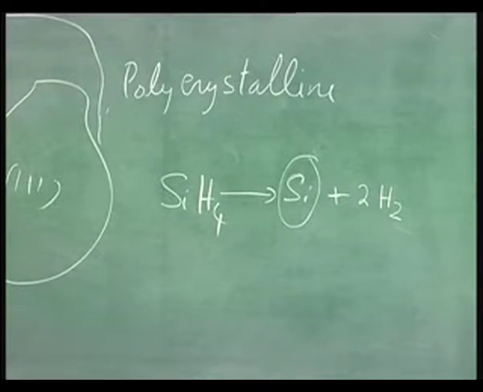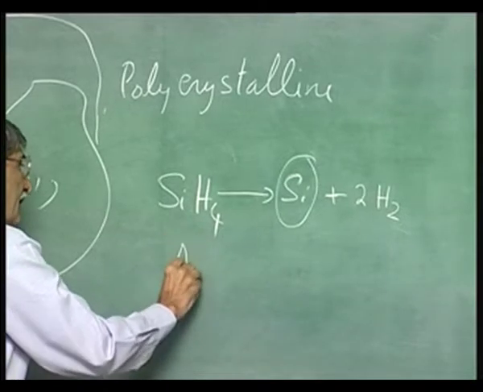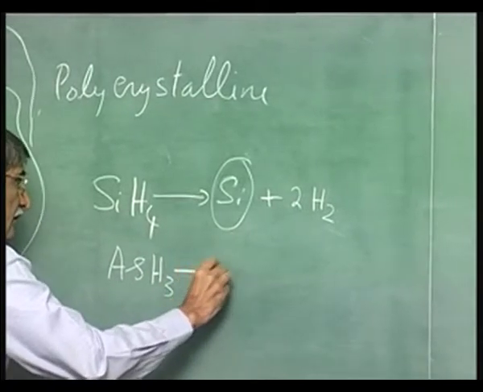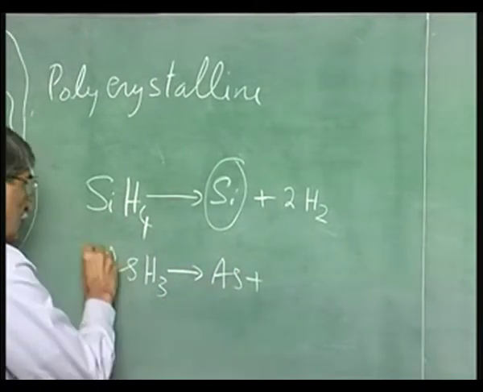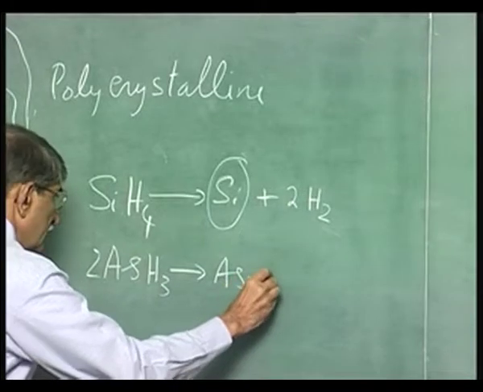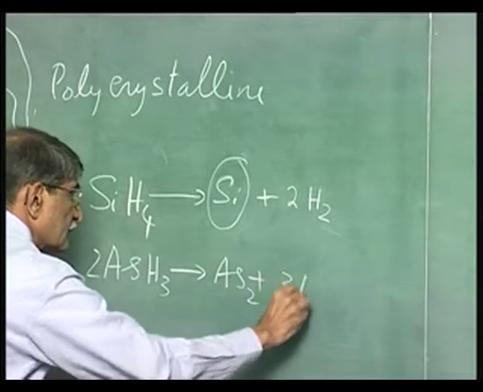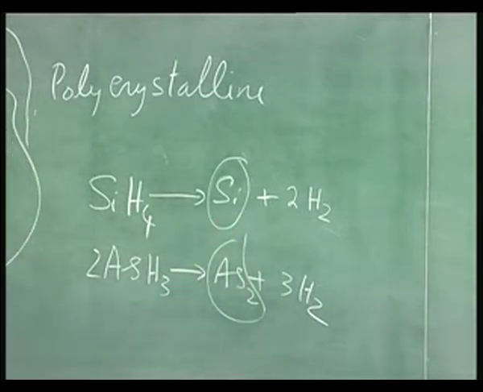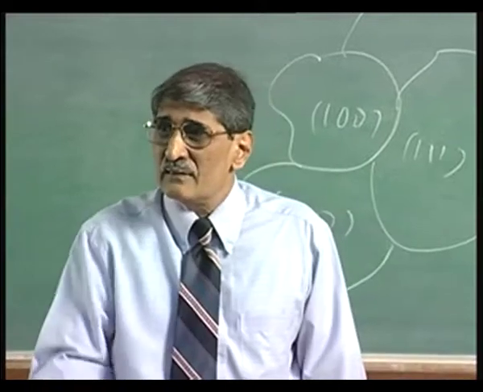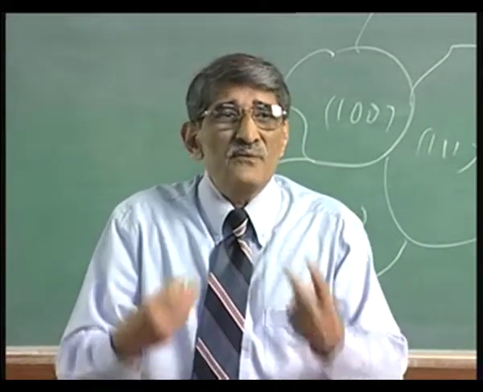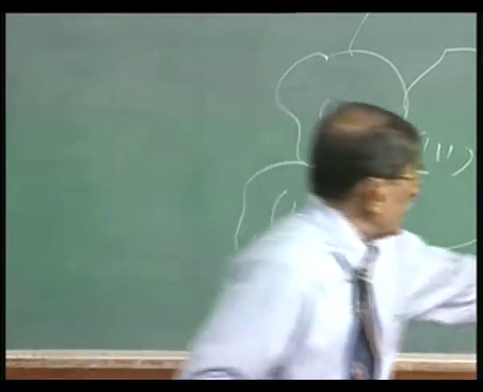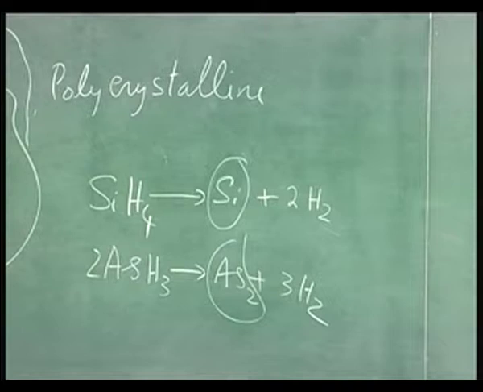You want to dope it, so to the gas phase, if you add arsine, you will get arsenic plus, okay, you will get AsH3 gives As plus 3/2 H2, or 2AsH3 gives 2As plus 3H2, that is chemistry. So, you have arsenic doped silicon. You can add phosphine, you get fifth group, phosphorus. So, you can have silicon doped with arsenic or phosphorus depending upon the dopants added.